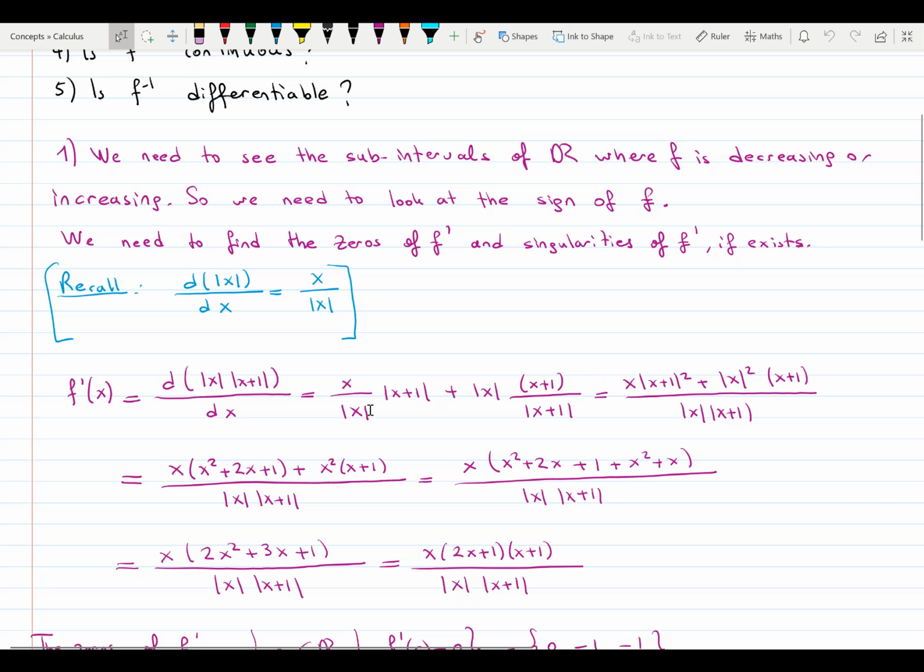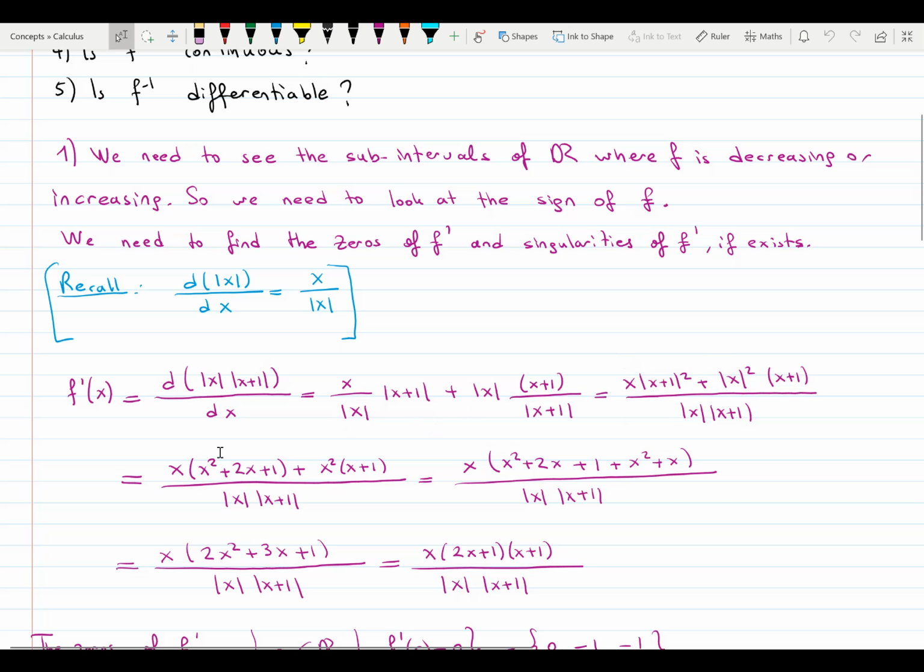Now the next task is making the denominator 1. So I am multiplying this part with |x + 1| and this part with |x|. Then I have (x + 1) squared plus x squared (x + 1). These are squares, so the absolute value would disappear in this case.